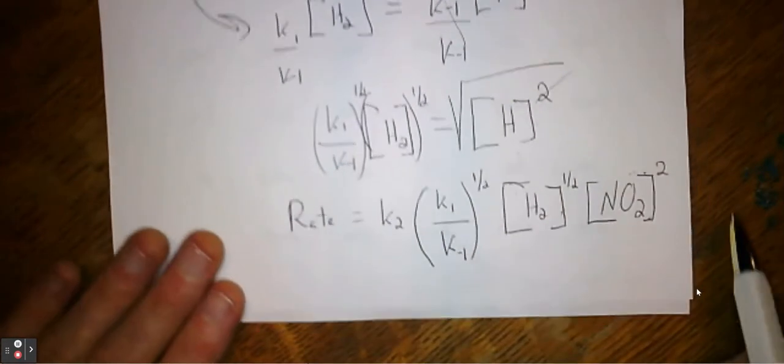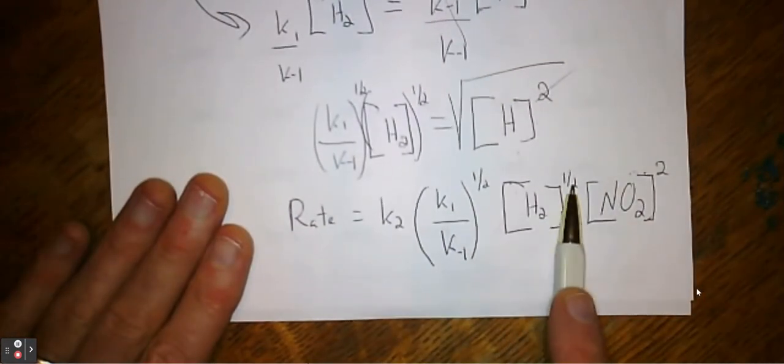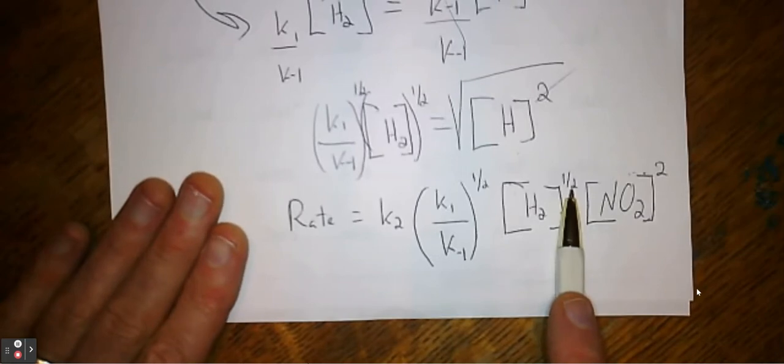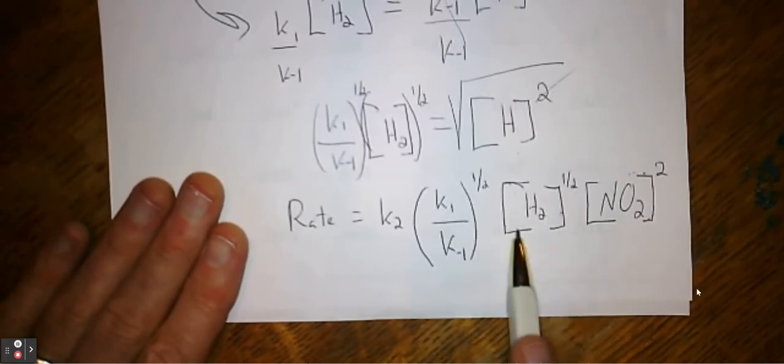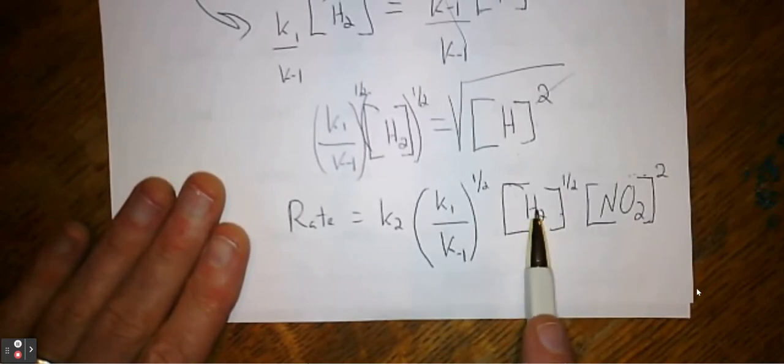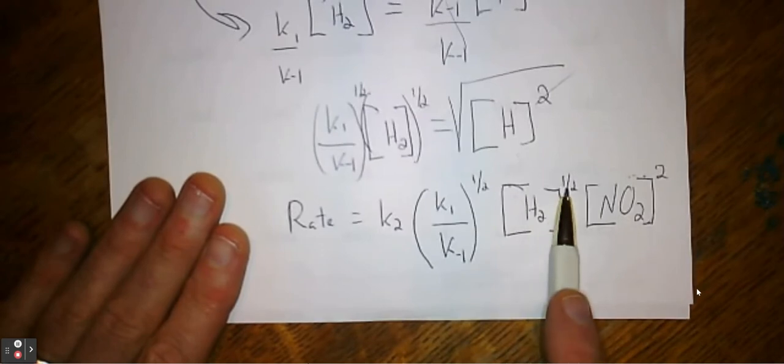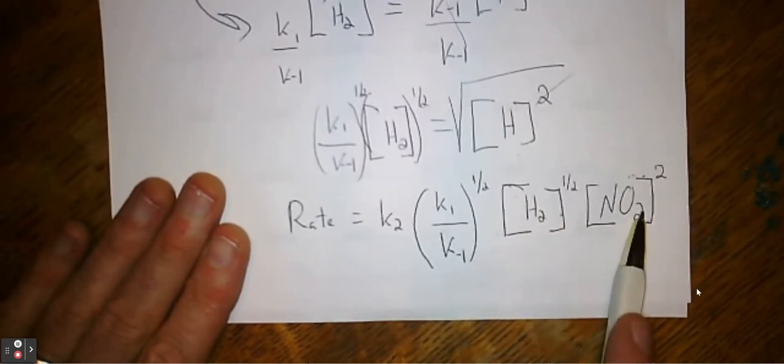Okay. Now this is interesting because what this means is it's still a positive relationship, but if you quadruple this, you'd raise it by 4 to the half, it'd be 2. So you quadruple, you double the rate.